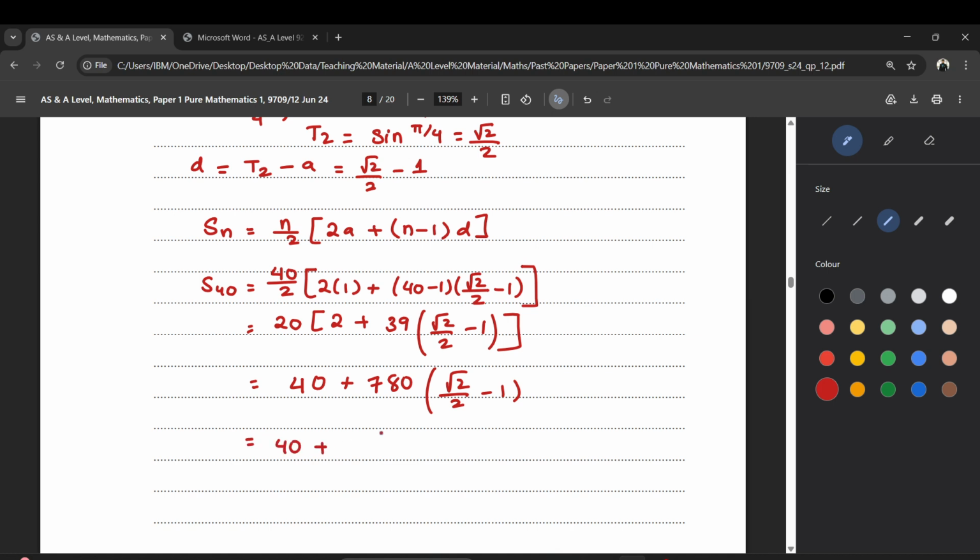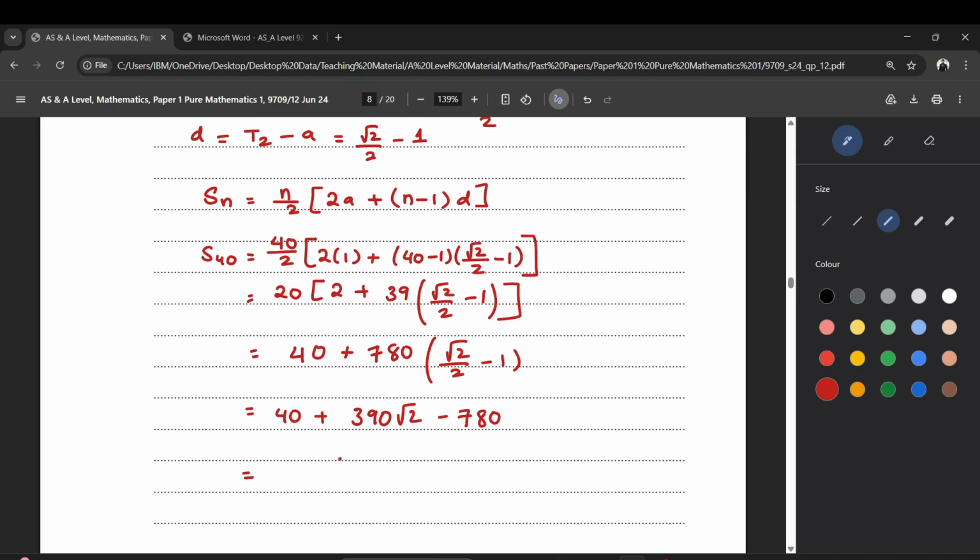If I expand the bracket, so 780 times root 2 upon 2, the 2 and 780 will be simplified, and we get 390 root 2, and 780 times minus 1 gives us minus 780. Now you can simplify it further. So therefore, my answer would be 390 root 2, and 40 minus 780 would be minus 740. So this is my exact answer.